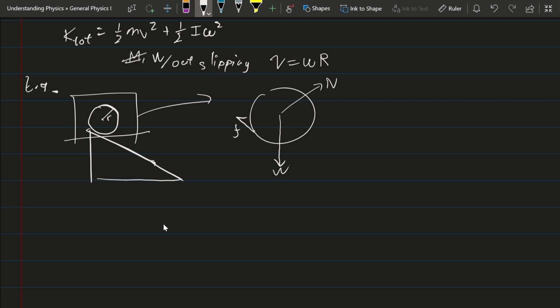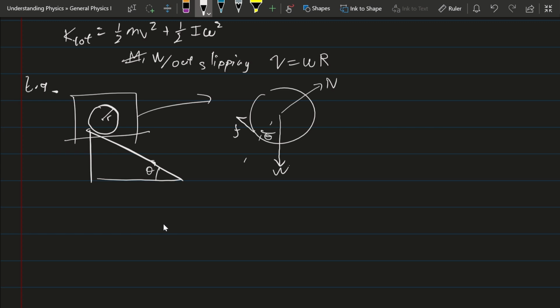So the question is, what will be the acceleration of the object, or probably the angular acceleration? The way that we could solve this is by using the ideas of Newton's law. So first, we know from Newton's law that, okay, this is theta.